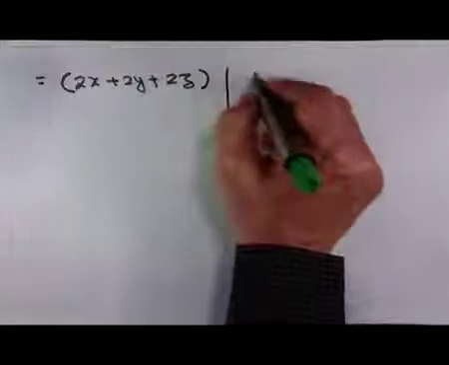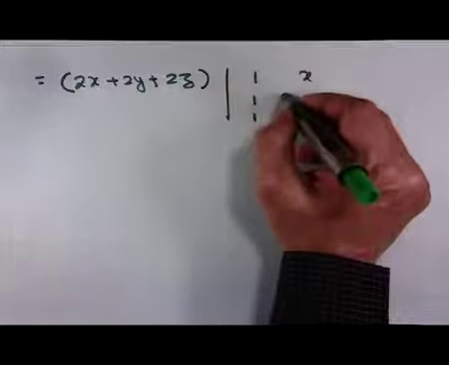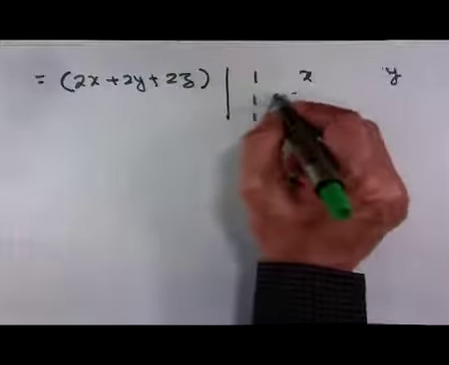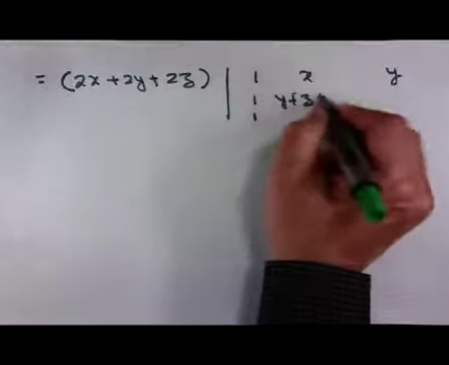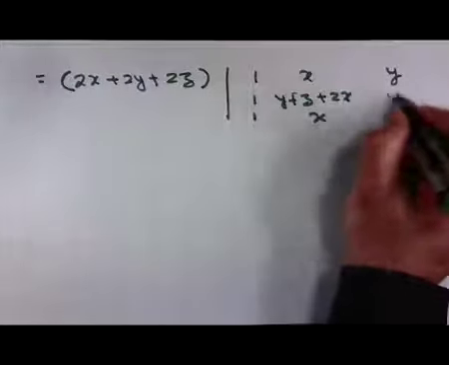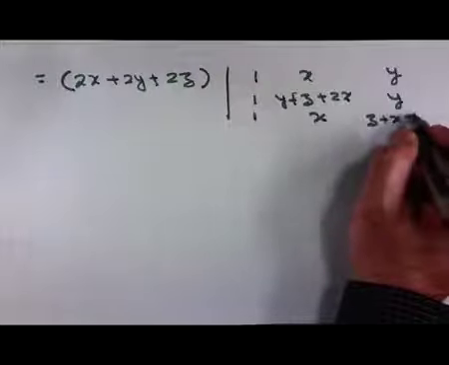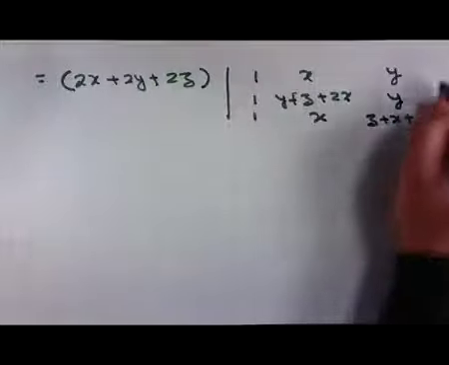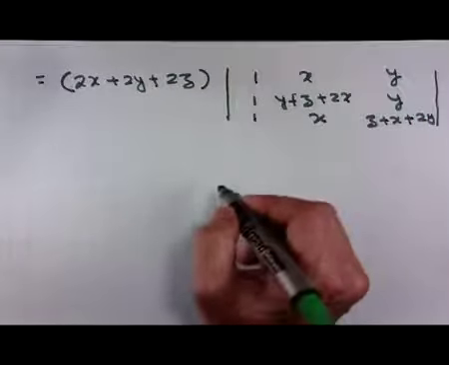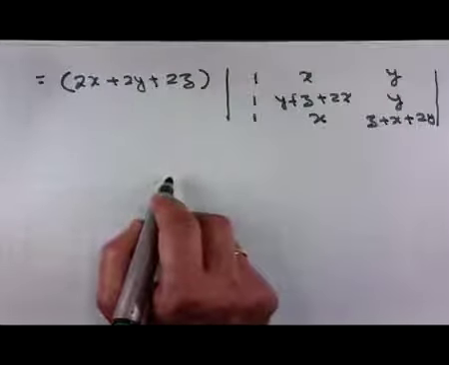of the matrix with first column 1, 1, 1, second column x, y, x, and third column y, y plus z plus 2x, z plus x plus 2y. This is still somewhat complicated.